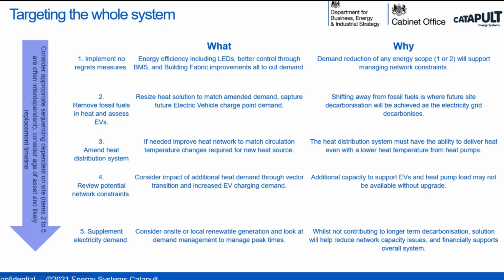The first point is to think about this whole system approach. To get to net zero, thinking about things in isolation won't work. All of those things need to add up together to get to net zero. Some of the main aspects we've been thinking about are no regret measures.